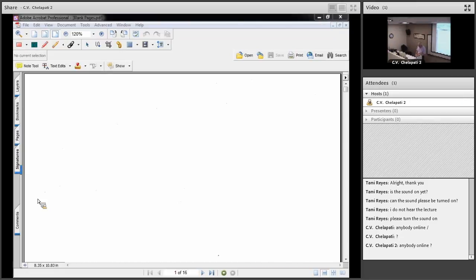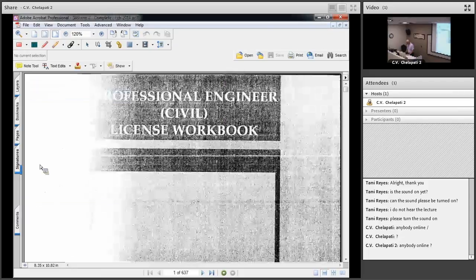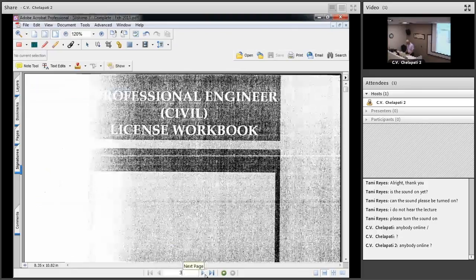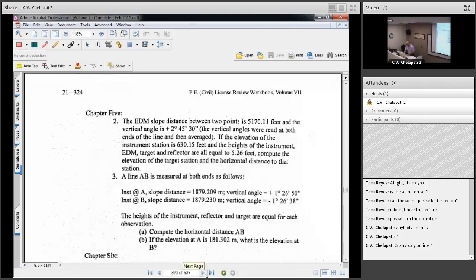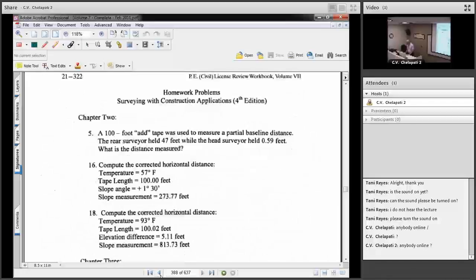So let's turn to page 322. Those are the problems, and we're going to work these together.